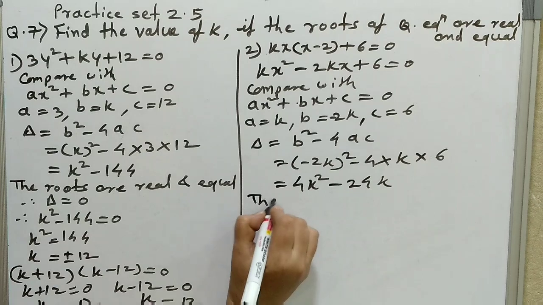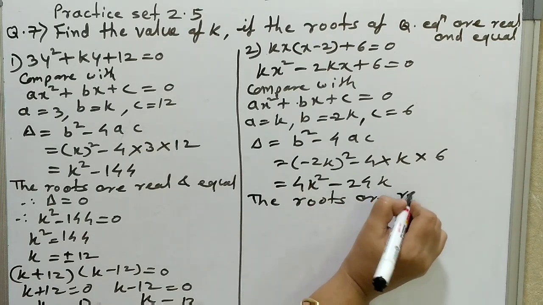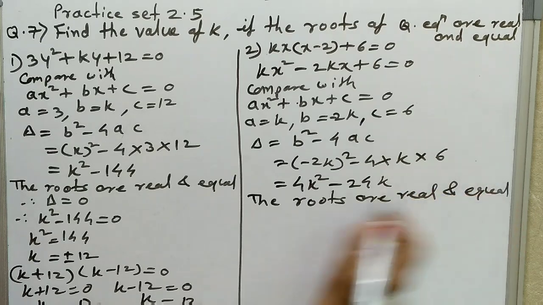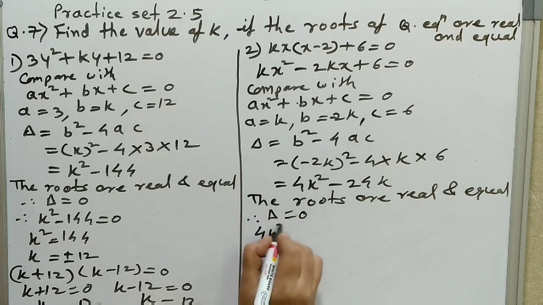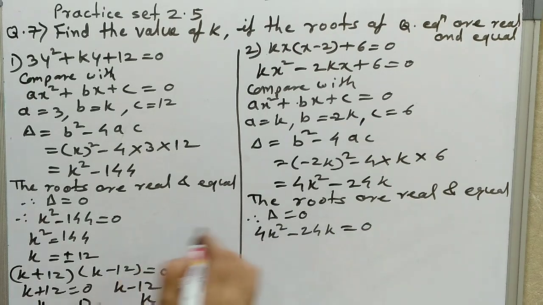So we write here the roots are real and equal. Therefore delta is equal to 0. So 4k square minus 24k is equal to 0. Now in this equation 4k we take common.